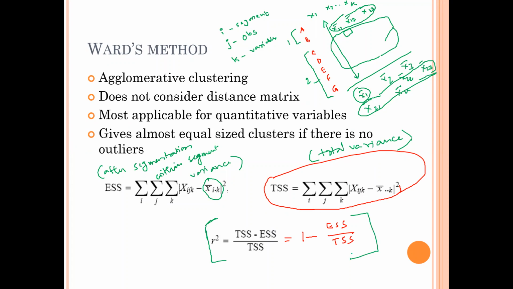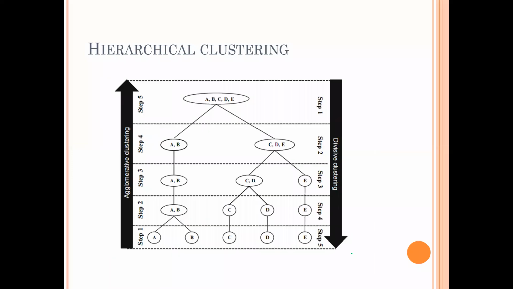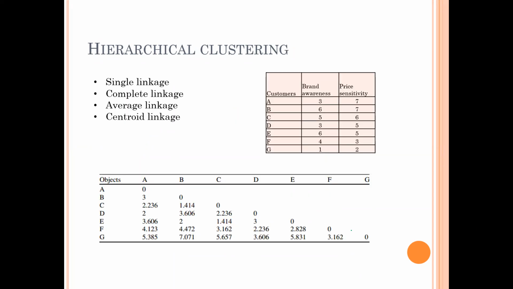Now this I calculate. Instead of calculating the distance, if I do it like this, that when I join, first I check the R square. Initially, the R square is 0. Why is the R square 0? Because every segment is separate, right? If every segment is separate, then I have absolutely no distance from my mean.